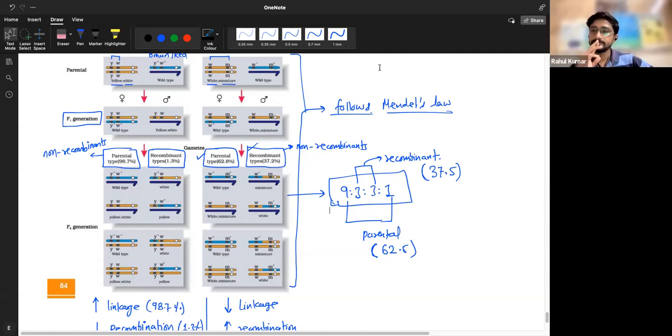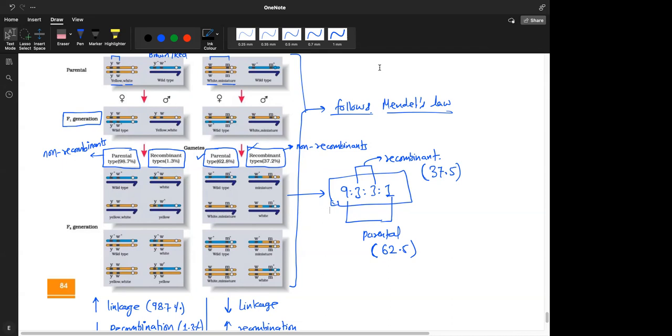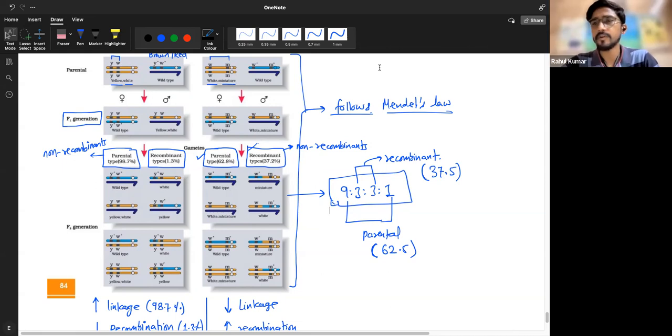Let me know when you're done. Take your time, write down things, understand because these kind of things can be asked as a figure, or the same figure can be asked in boards. I mean, you just explain the figure. What did you understand? So this is what I explained to you.